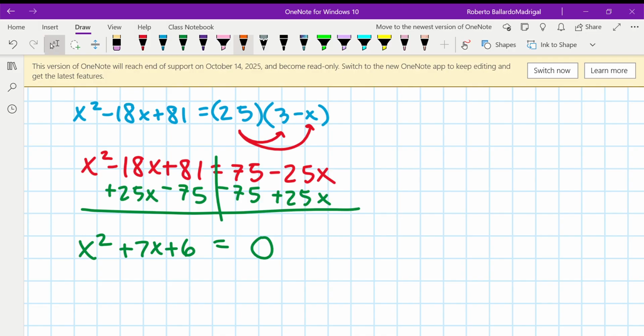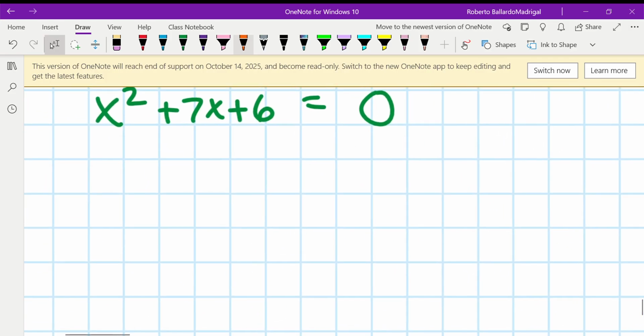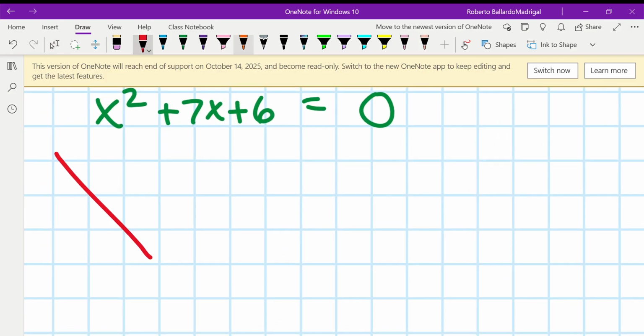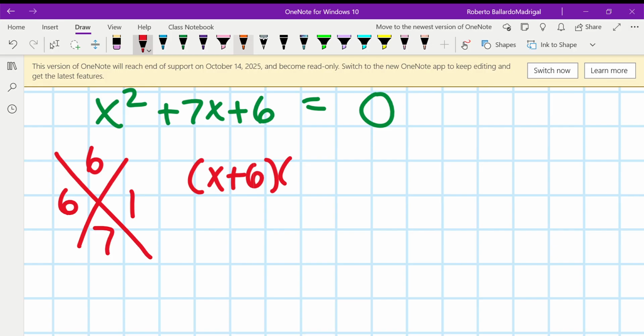See if you can factor this on your own first. So two terms that multiply to 6 and add to 7 are 6 and 1. So (x plus 6) and (x plus 1) will give you x equals negative 6 and x equals negative 1.